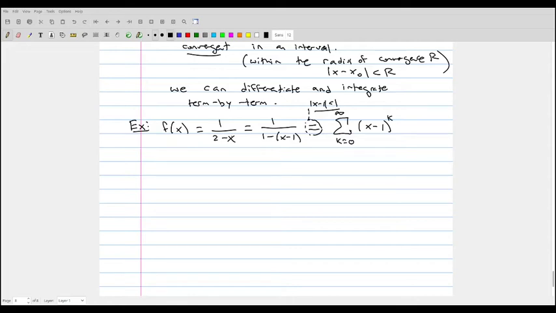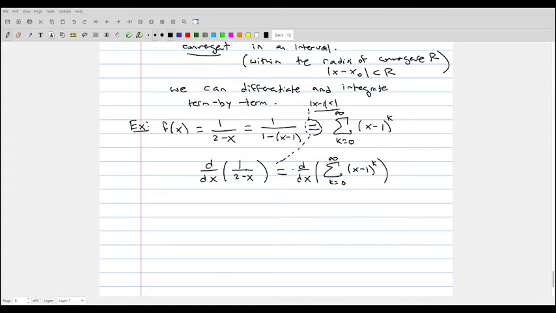What this theorem is telling us is that the derivative of both sides can be computed. So the x derivative of 1 over 2 minus x is the same thing as the x derivative of the sum from k equals 0 to infinity of (x minus 1) to the k. Remember, this is only valid if our condition is satisfied.